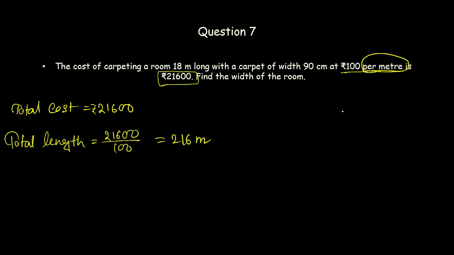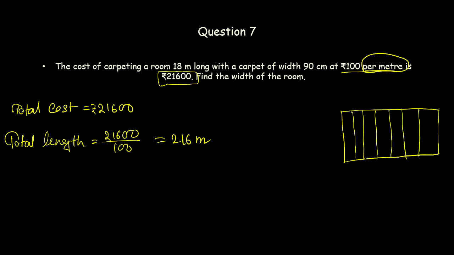Now if we draw the picture from here to here, and the strips go like this, the width of the carpet is 90 centimeter. That means from here to here, this part is 90 centimeter, and the length of the room is 18 meter, right?